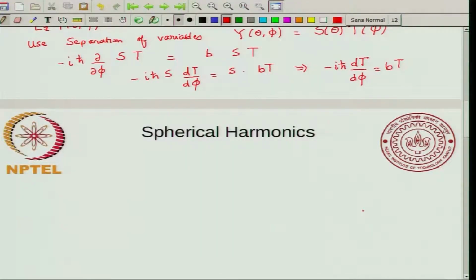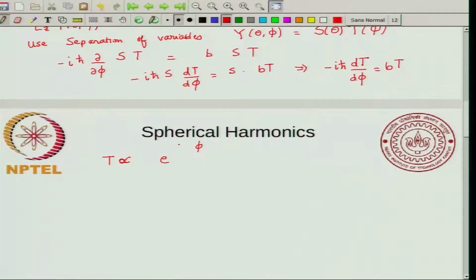Okay. Now, when you do this, you can solve this and show that T is proportional to e to the i b phi, sorry, let me just write it correctly.